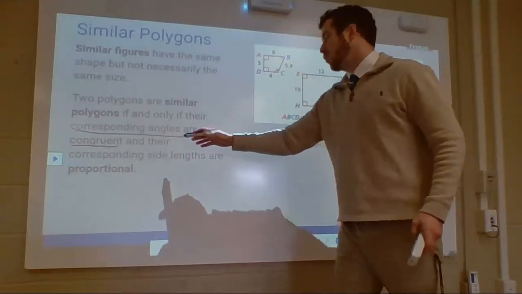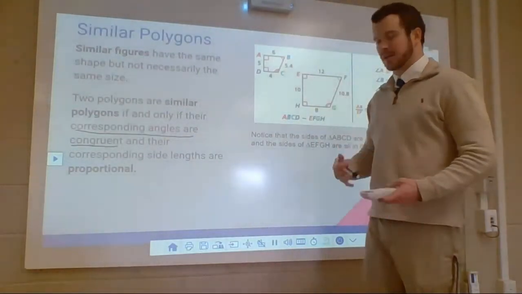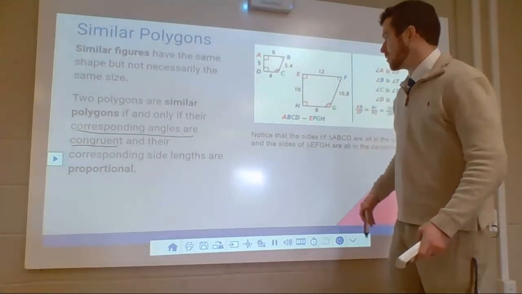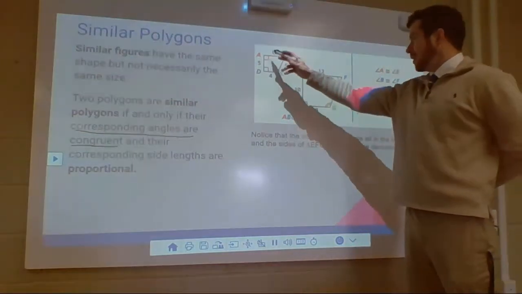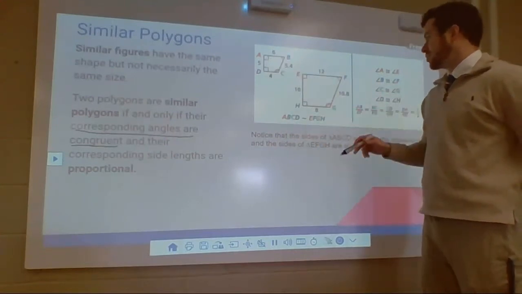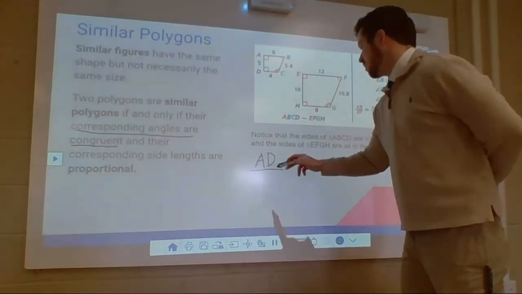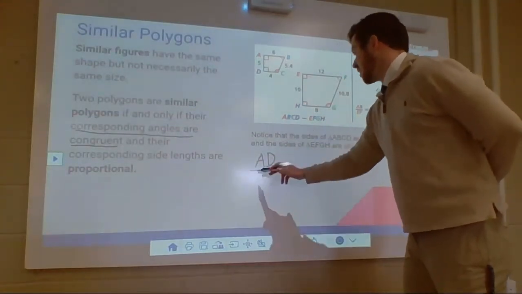And then their corresponding side lengths are proportional. Their matching side lengths are proportional. Let's talk about what that means. Side AD is going to match up with side EH. Side AD corresponds to side EH.